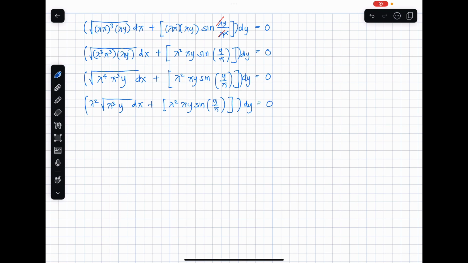And as you can see here, there are two terms involving lambda squared. So I can further move out lambda squared, and that will become the square root of x cubed y dx, plus xy sine y all over x dy.